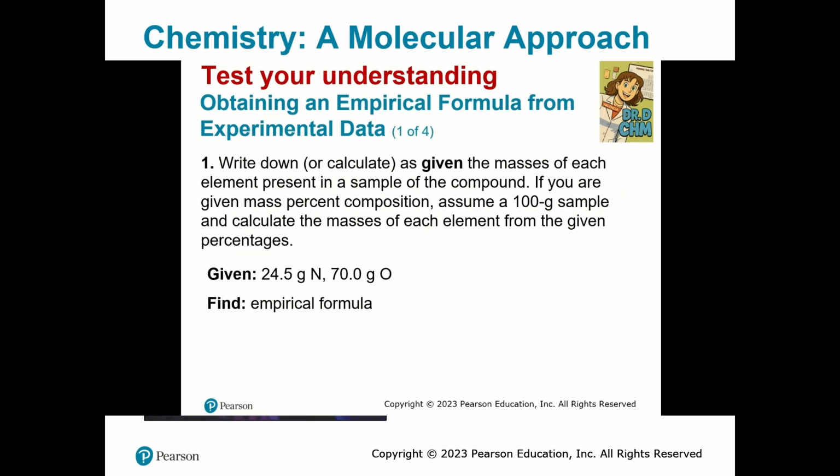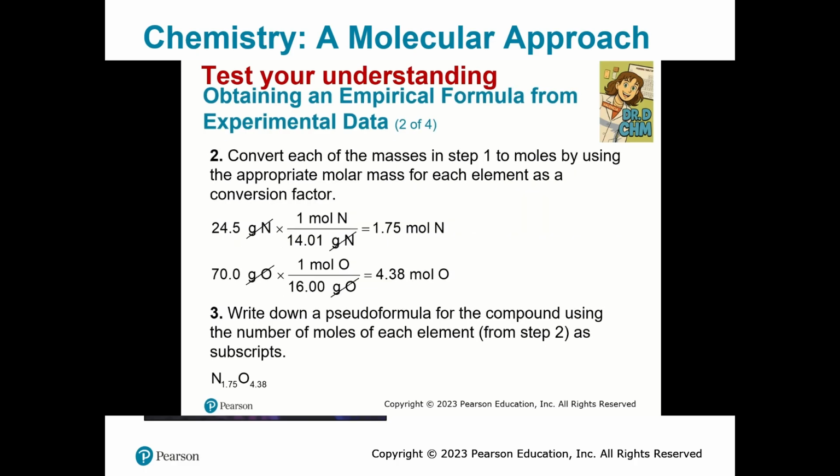So first you have to find the empirical formula. First you're going to convert all the grams to moles. You're going to use the molar mass of each element to find the moles. So we have the mass of each element times the conversion factor of the molar mass, and you're going to find the moles.